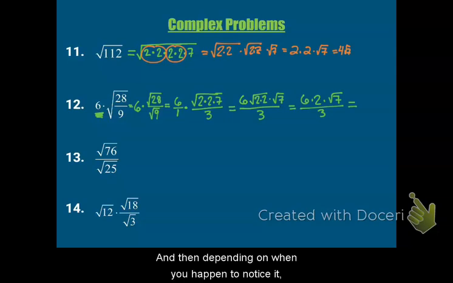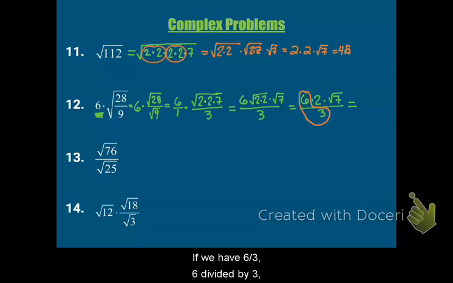And then depending on when you happen to notice it, here we have something that is going to simplify. If we have 6 divided by 3, I can factor out a 3 there. 6 divided by 3 is 2, 3 divided by 3 is 1.